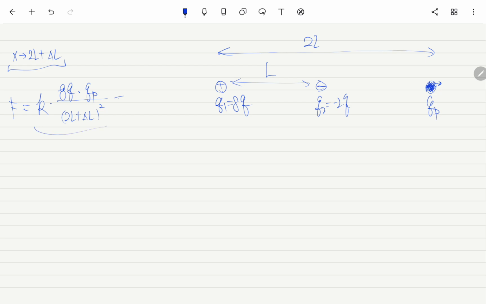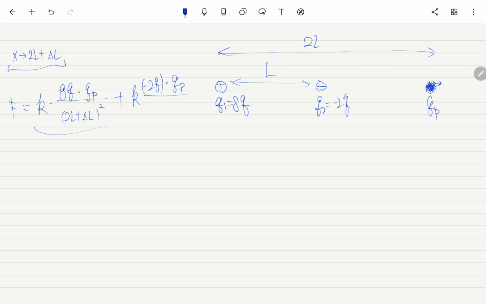And then this is negative, this is positive. So for the second one, it should be a negative value. So here we have a negative K times 2Q, or maybe you can put a plus here and then put the negative sign here. Okay, it is the same, and then QP over.